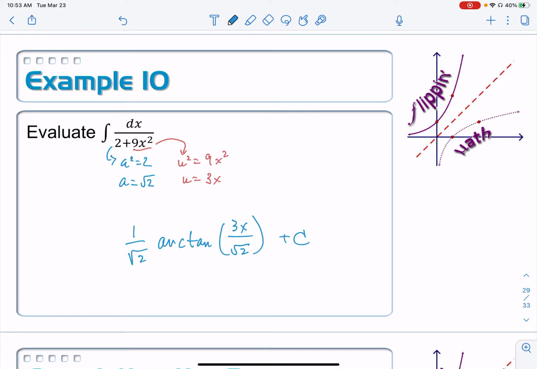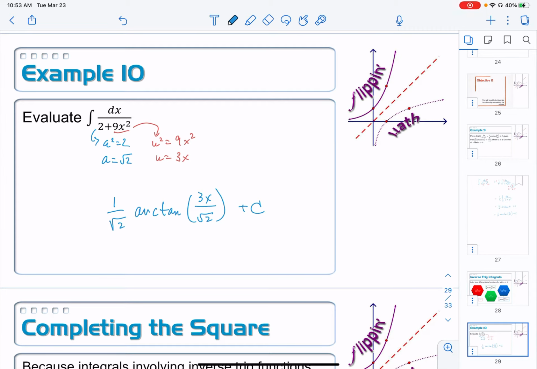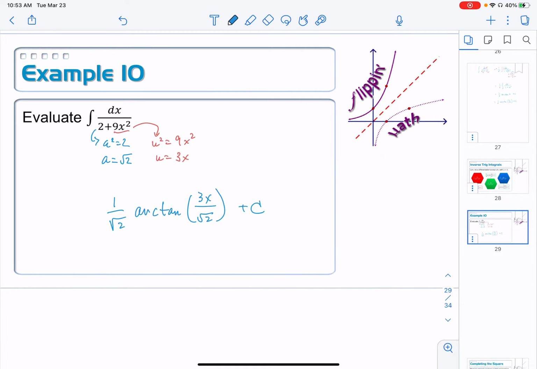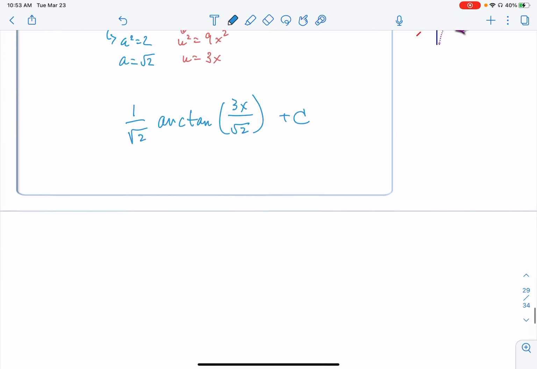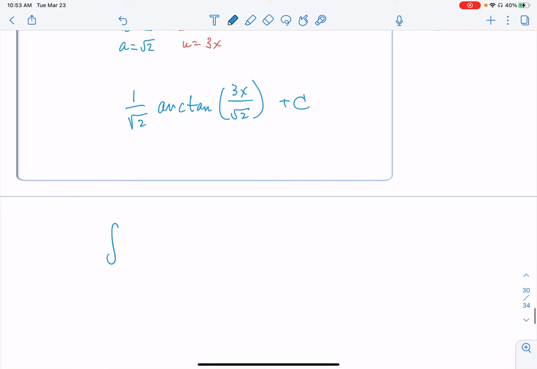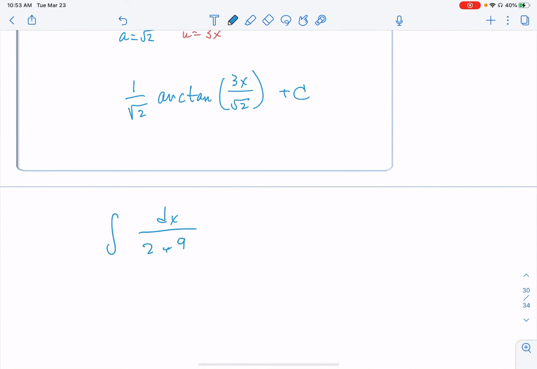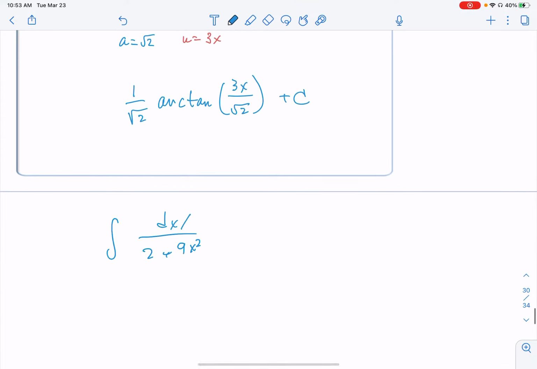Just for example, if you had to do this on the AP exam and you didn't remember the technique, the idea is to turn that into a direct application of the derivative rule. Here we have dx over 2 plus 9x squared. You divide everything by 2.